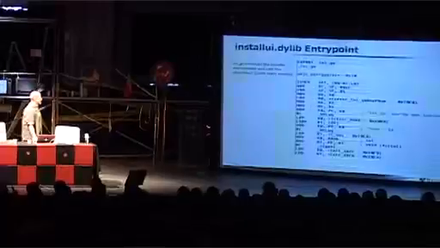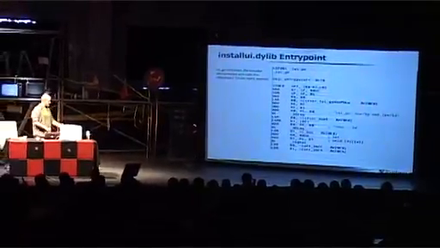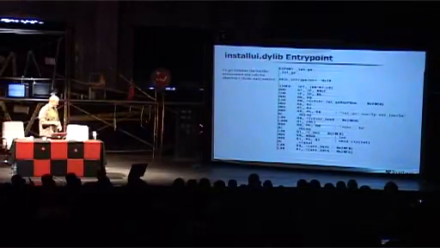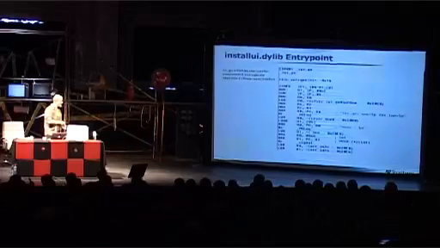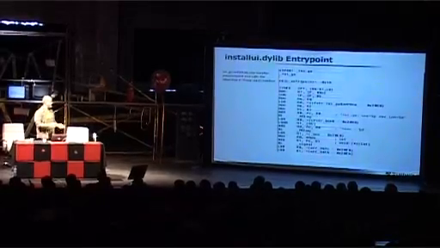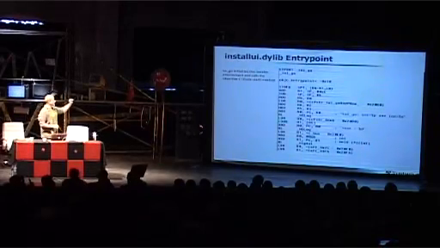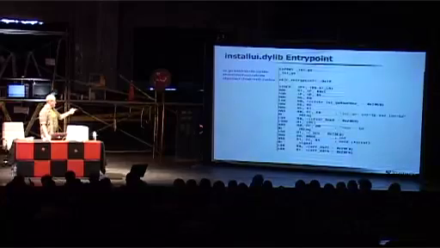What would happen is that once they had code in memory, they would map the memory for the library and begin using it like any other dynamic library. The entry point they used for this dynamic library, which was the entry point for the actual installer, was this function.